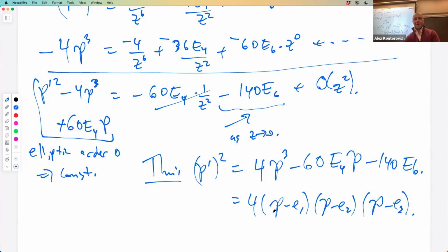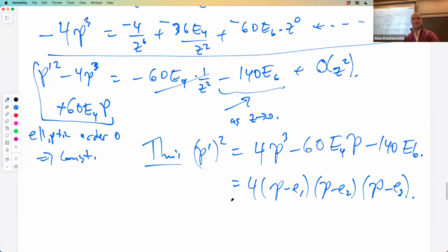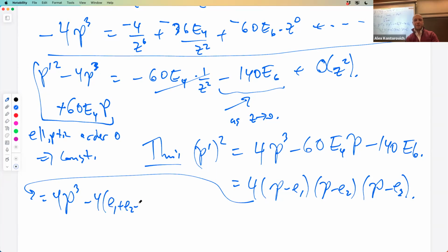So let me multiply this cubic out. This is a 4p cubed. What's the term in front of p squared? It's 3 minuses. So it's minus 4, E1 plus E2 plus E3, p squared. What's the term in front of p?